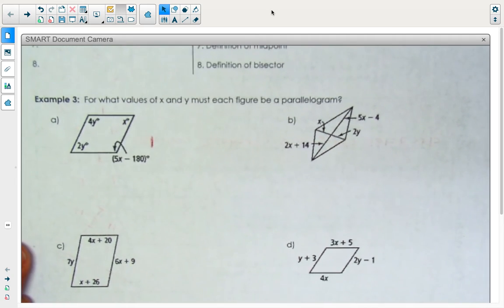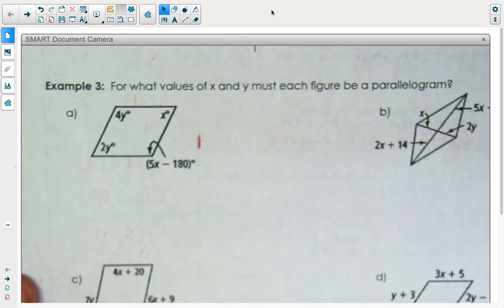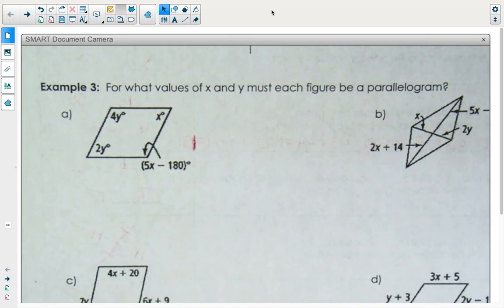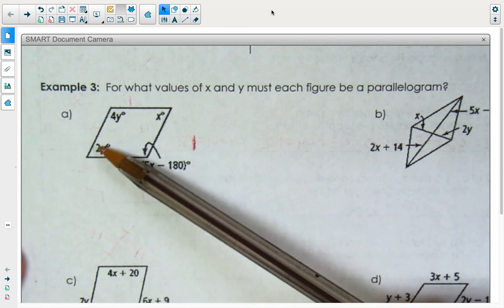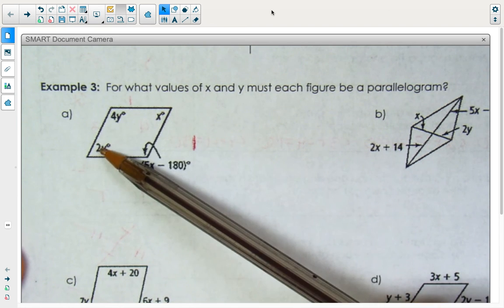All right. Example 3, and let me zoom in a little closer here for us. For what values of x and y must each figure be a parallelogram? Lots of different options for going about doing this problem. I know that these two angles form 180 degrees, are supplementary to each other.